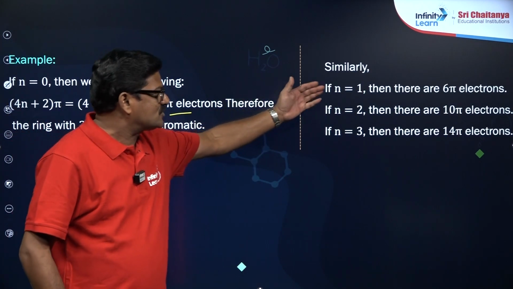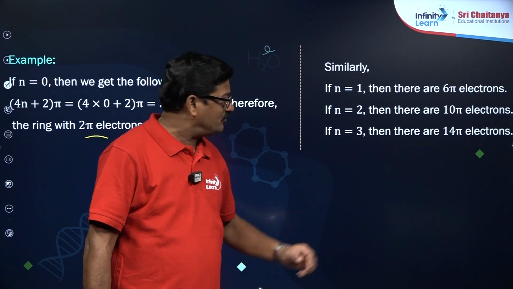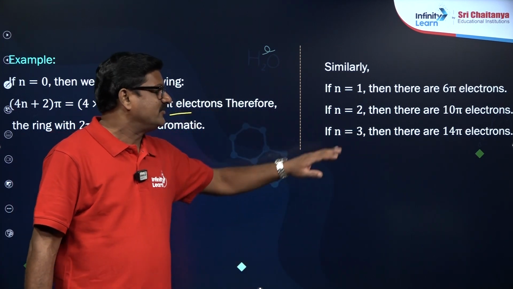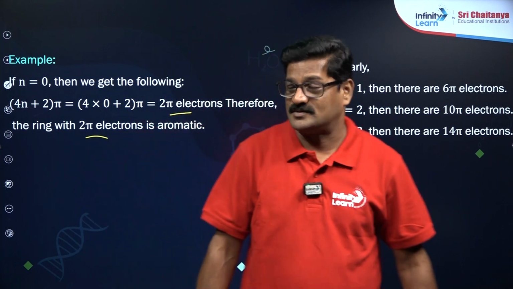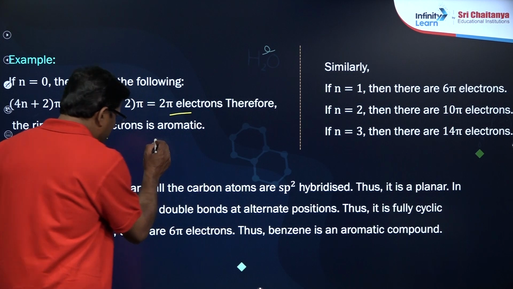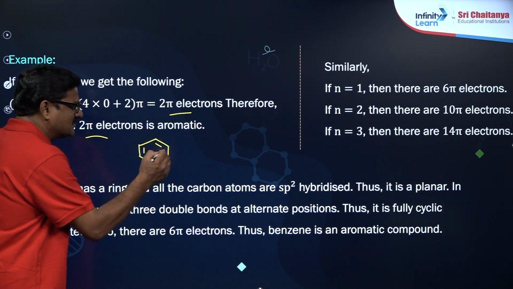Similarly, if n is equal to 1, there should be 6 pi electrons. If n is equal to 2, there should be 10 pi electrons, and if n is equal to 3, there should be 14 pi electrons. In benzene, there are 6 completely delocalized pi electrons.